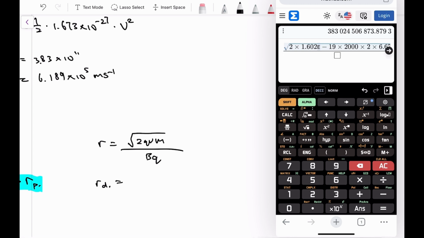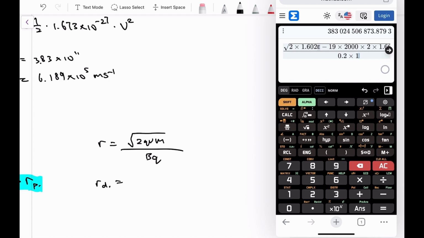Atomic mass unit is 1.661 times 10 to the negative 27. Okay, and then down there we basically have the magnetic flux density, and then you times it by the charge.